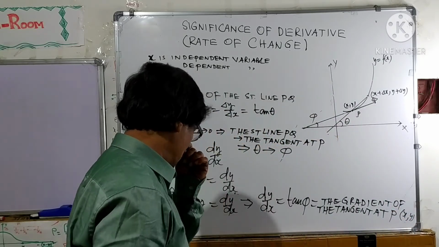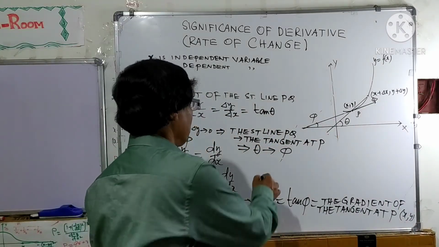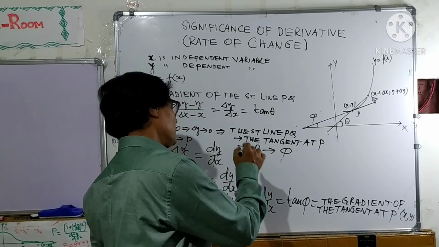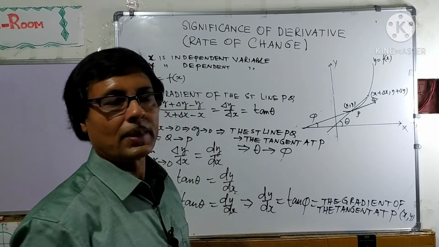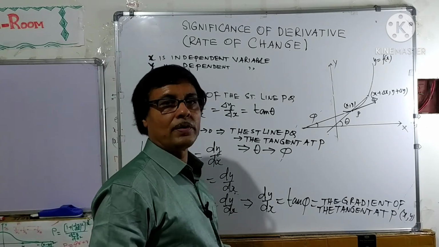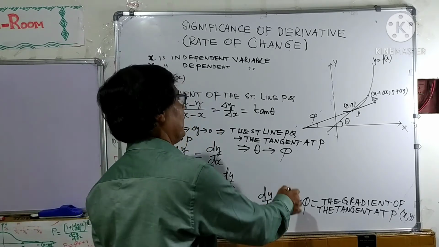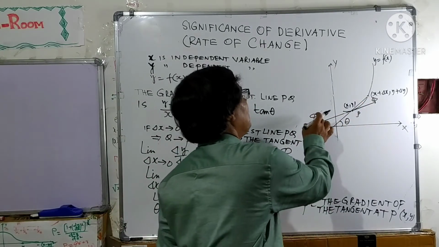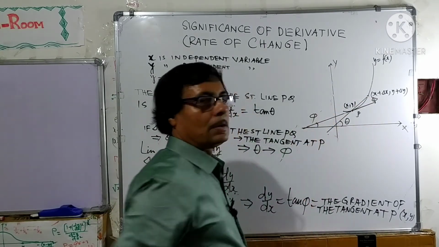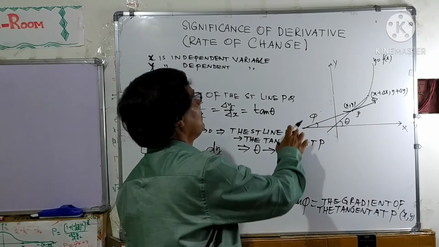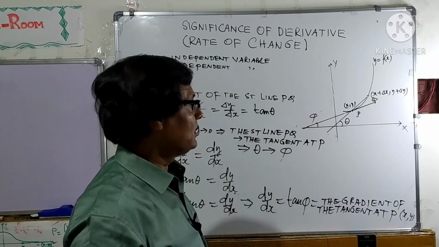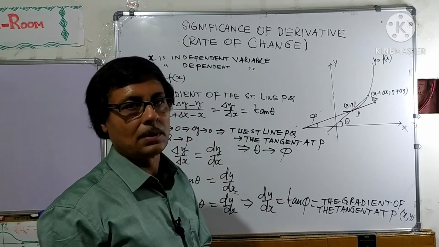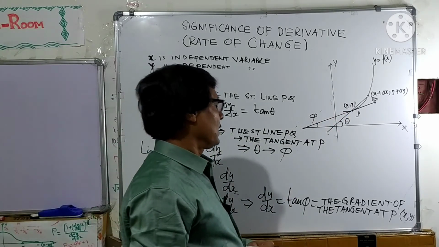Actually dy dx, that is the derivative, differentiation, or differential coefficient, means the gradient of the tangent at the point (x, y), that is tan phi. Tan phi is the gradient of the tangent at the point P (x, y).